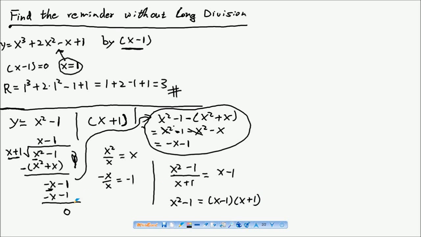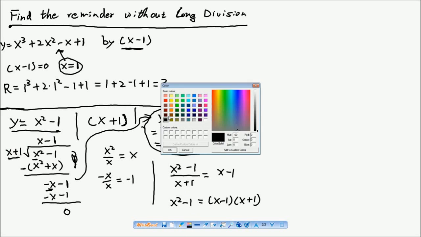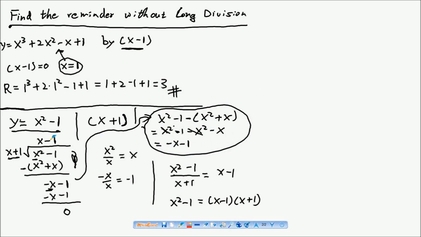When the remainder is 0, we actually can factorize the function here. The factors are the two values there, these two.